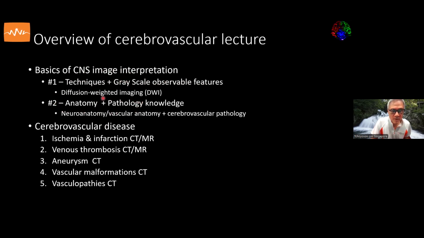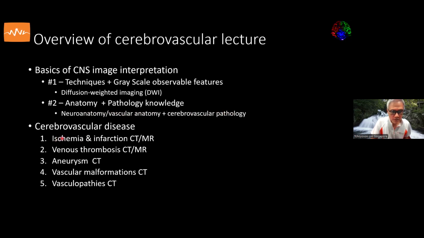We assume a basic knowledge of brain anatomy and pathology, specifically the anatomy of the brain and its blood supply, and therefore also those pathology that can affect the cerebrovascular system.